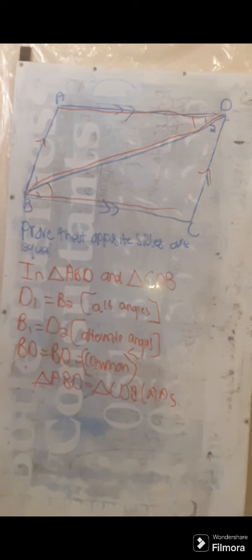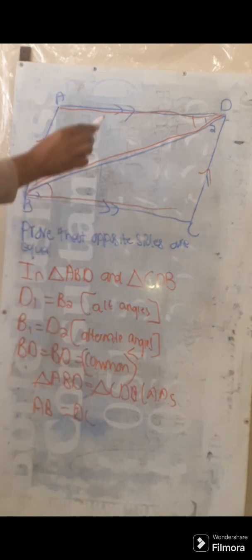You can write it either side, angle, or angle, side. There's nothing wrong with that. And then here you just have, therefore, AB equals DC.